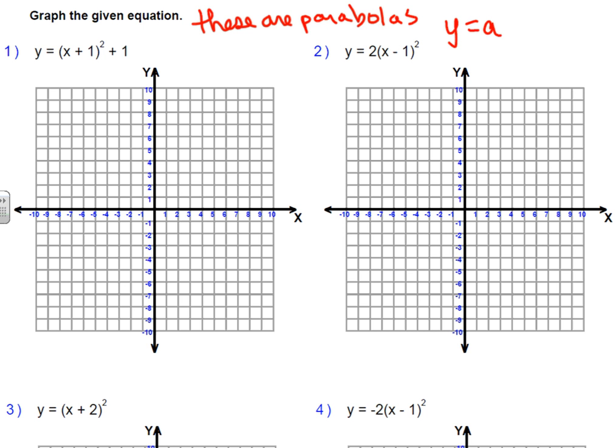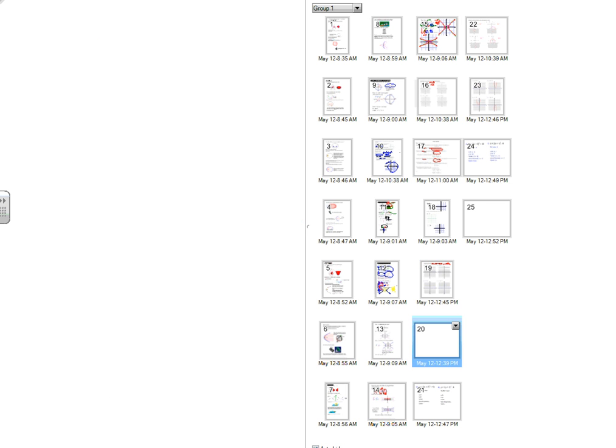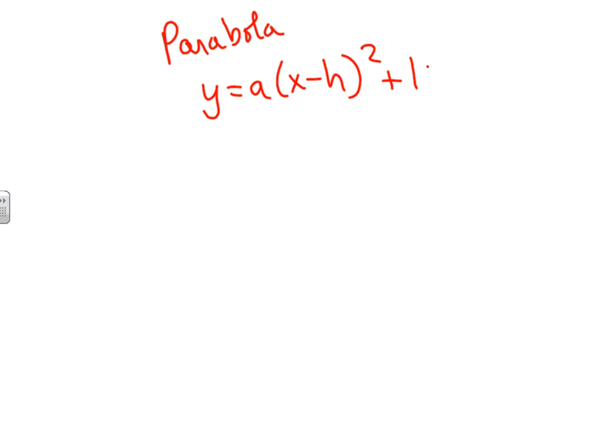So y equals a times (x minus h) squared plus k. I think I had an extra slide on mine. Yes. And actually, I'm going to start over here. So for a parabola, because I'm going to write a little bit more. y equals a times (x minus h) squared plus k. This is vertex form.